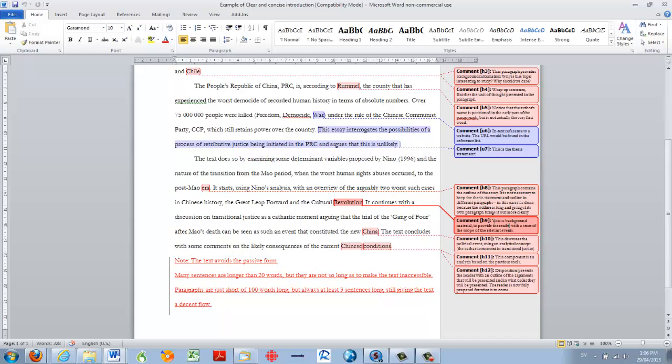Here is background material that this paper will start with to give the reader some context about this particular political situation. It really depends on which paper you're writing. Some papers won't be needing this type of contextualization, so you have to think about which tools you're going to pick when you're writing your own paper.